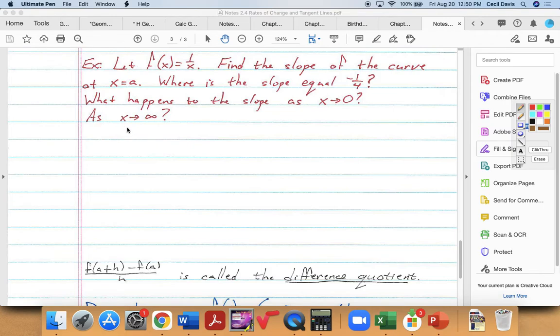So the slope of the curve at x equals a, we're going to take f of a plus h minus f of a all over h.